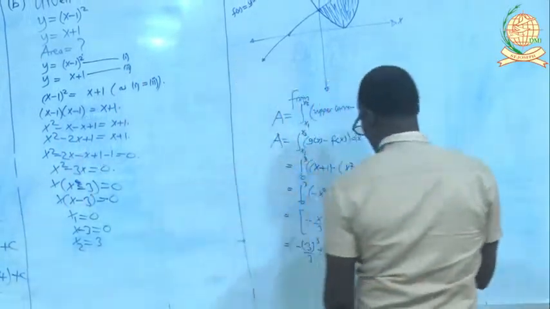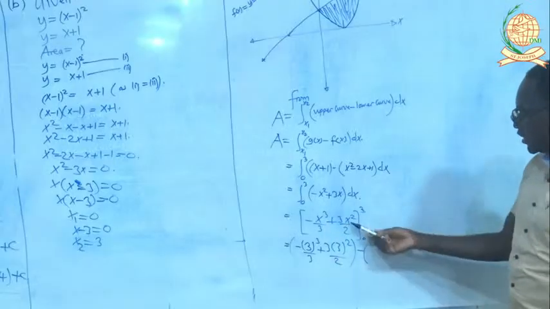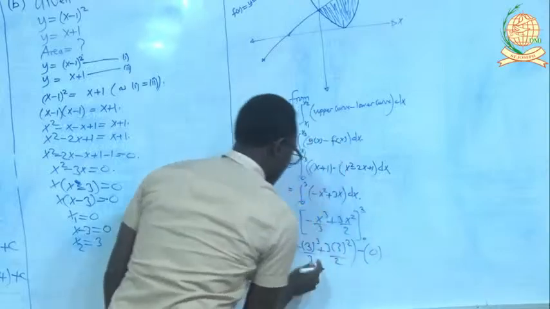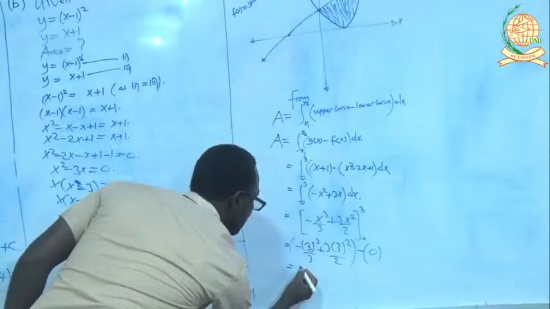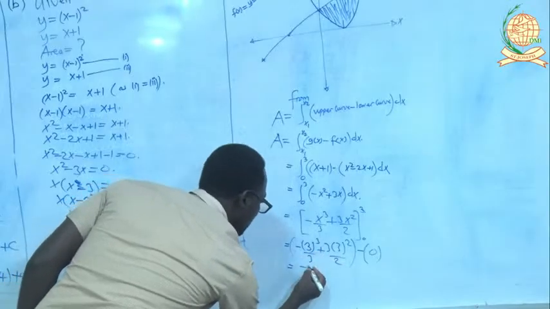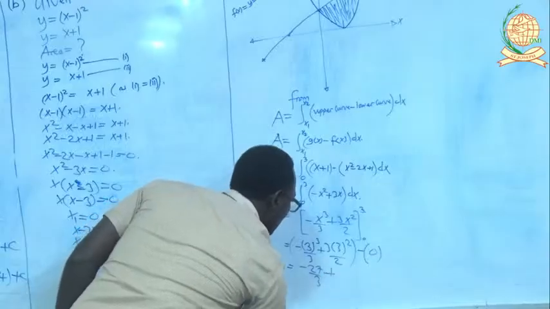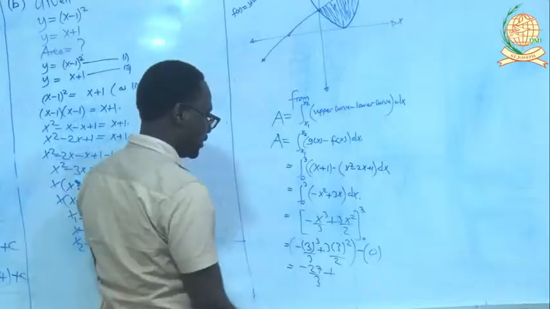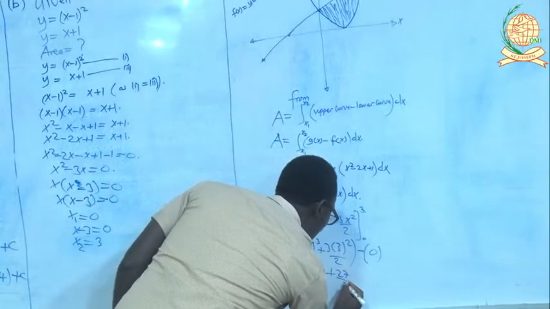The lower limit is 0, so if we put x as 0, it will be 0. So it will be this number, then minus 0. Simplify, you will get negative 3 power 3, which is 27, over 3 plus 3 squared is 9 times 3, 27, over 2.